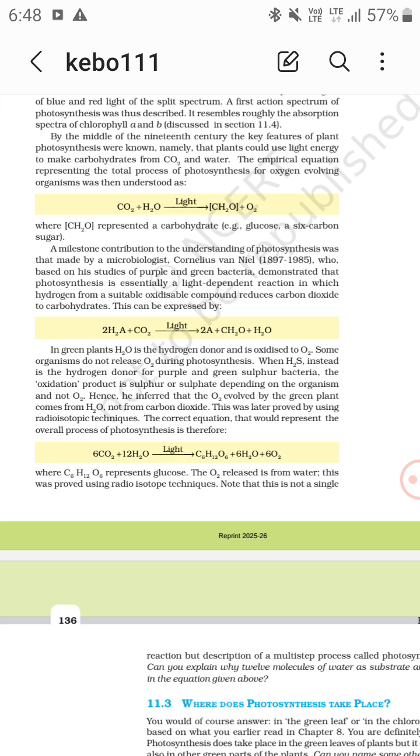Now Cornelius van Niel, in studies on purple and green bacteria, showed that the hydrogen from a suitable oxidizable compound reduces carbon dioxide to carbohydrates.